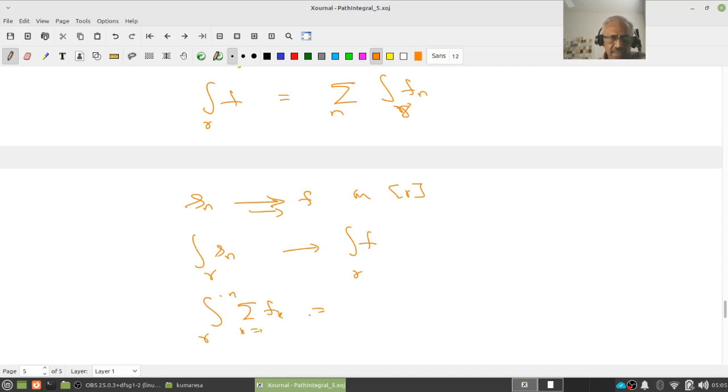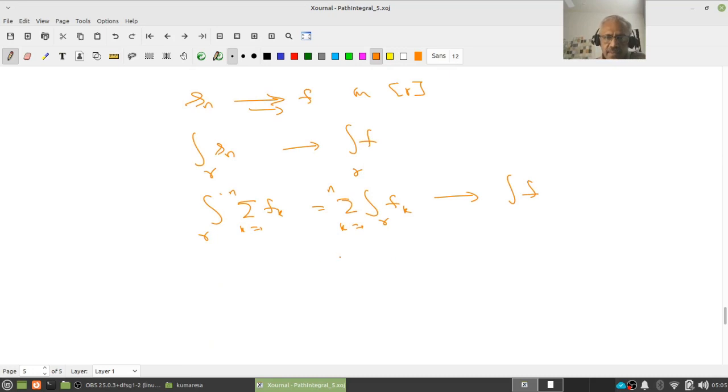But the path integral is linear, therefore it is the summation of the integral of fk over gamma, k equal to 1 to n. This converges to the integral of f, right? Are you following? This means the sum of the integrals of fk, k equal to 1 to infinity, equals the integral of f.